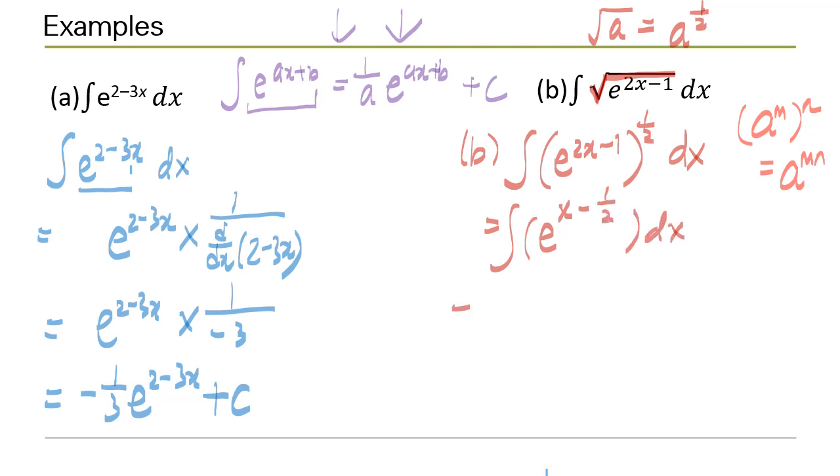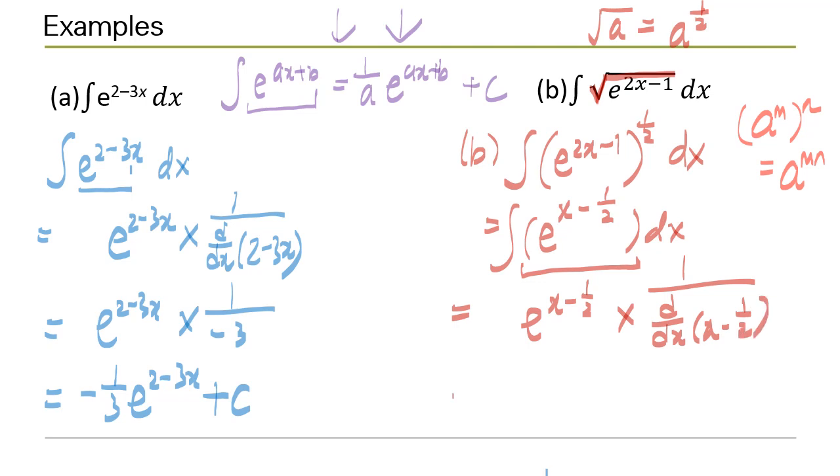Now this is exactly like e to the power of something already, so we can apply the rule. Times 1 over the differentiation of x minus half. You differentiate x, you get 1, differentiate negative half, you get 0. So this will give you 1 over 1, that gives you e to the power of x minus half, plus an arbitrary constant c.